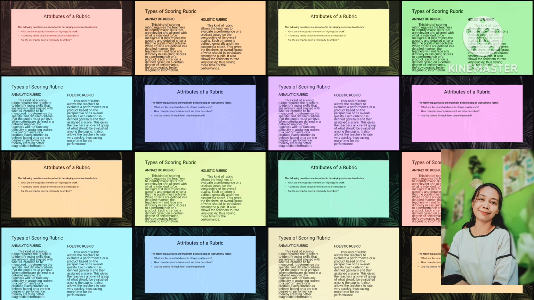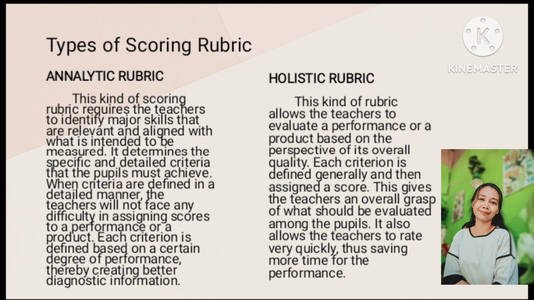Okay, to our next slide, we have these types of scoring rubric. We have two types of scoring rubric. First is the analytic rubric, and the second is the holistic rubric. Okay, what is analytic and holistic rubric? Analytic rubric is this kind of scoring rubric that requires the teachers to identify major skills that are relevant and aligned with what is intended to be measured.